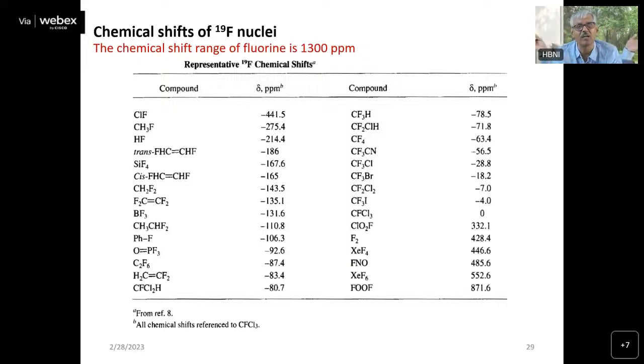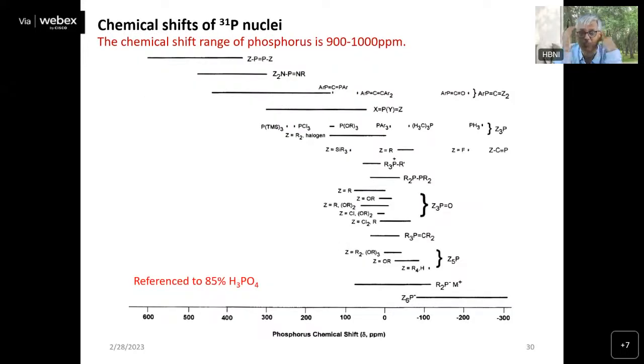So fluorine comes in a wide chemical shift range. Proton is the smallest, mostly between 0 to 10, or minus 10 to plus 20. Carbon comes between minus 50 to 250. Fluorine comes around minus 500 to plus 1000. Even phosphorus is around 900 to 1000 ppm, coming from minus 300 to minus 600 ppm.